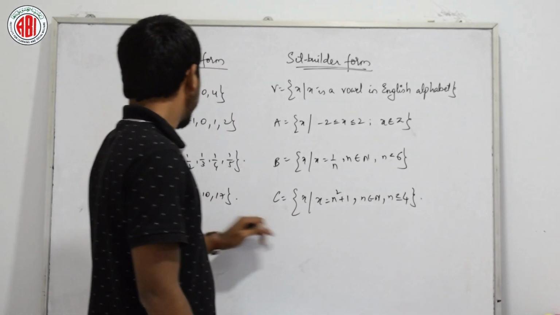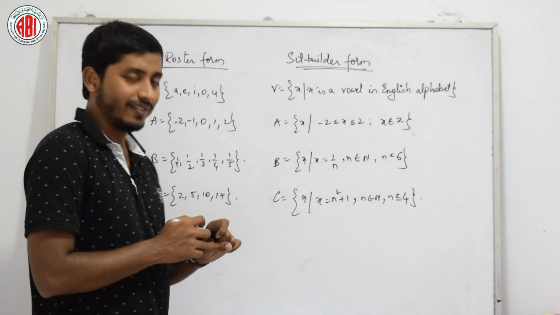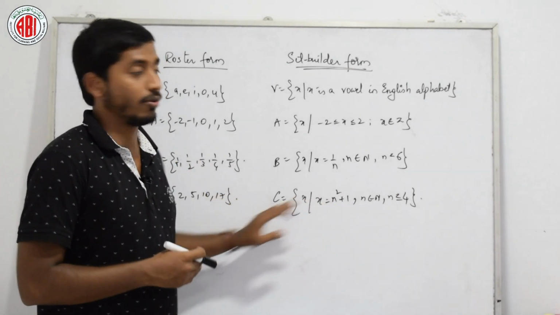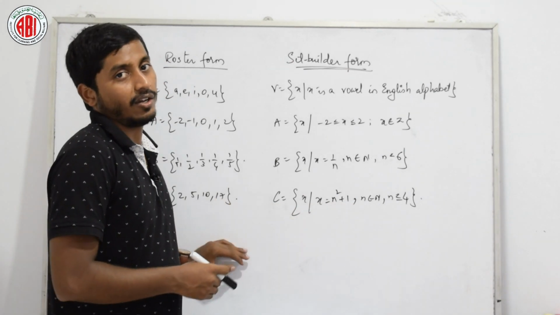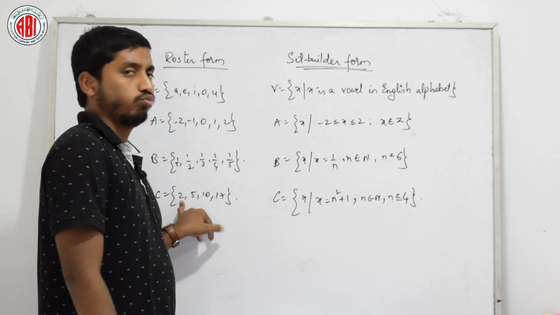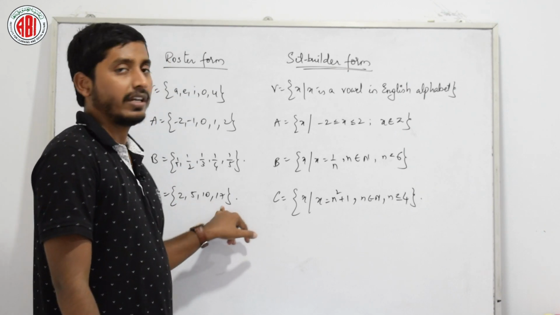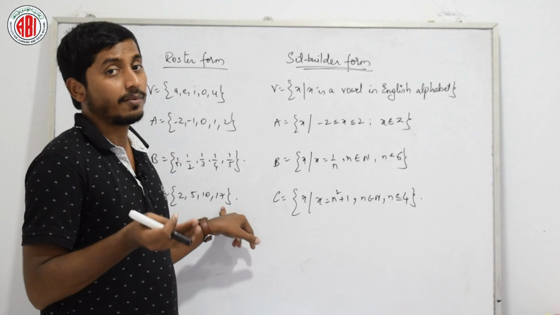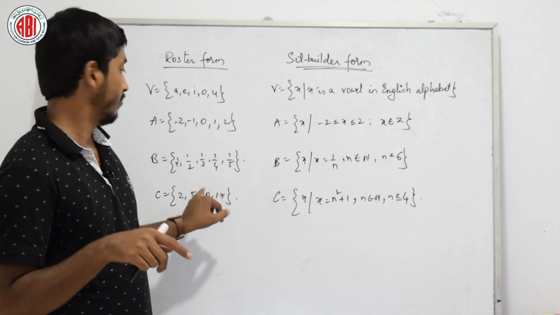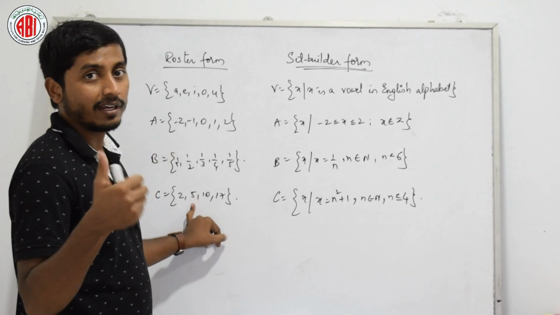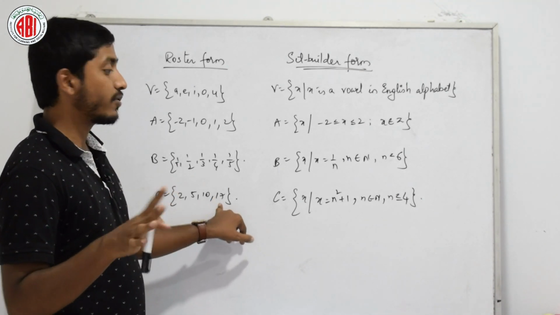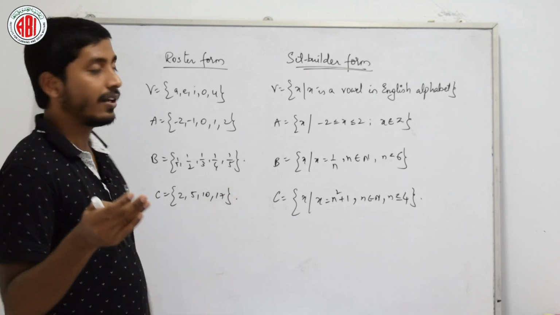Similarly, the last thing, that is 2, 5, 10, 17. If you observe, you have to formulate this kind of thing. We will discuss how to write this for this kind of set in our progression chapters. See here, 2, 5, 10, 17. These are just the next numbers after our perfect squares. 1 square is 1, add 1. 2 square is 4, add 1, it becomes 5. 3 square is 9, add 1 it becomes 10. 4 square is 16, add 1 it becomes 17.